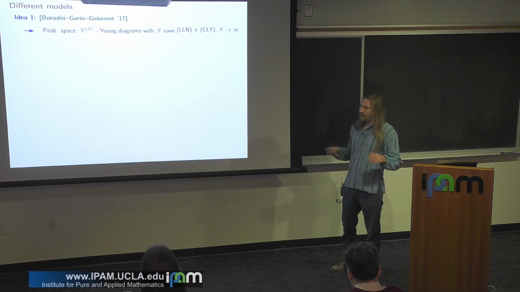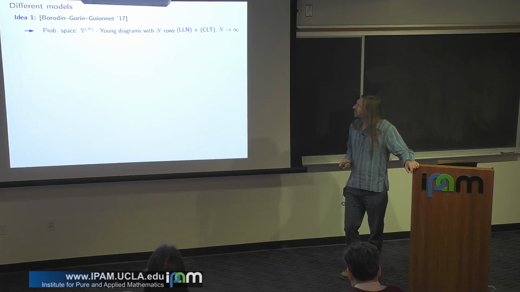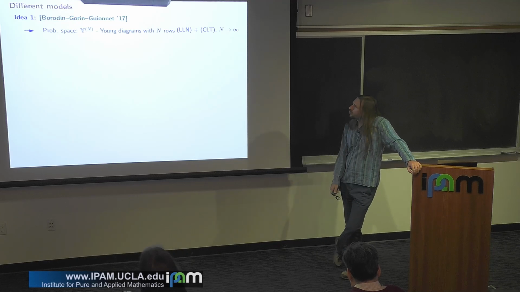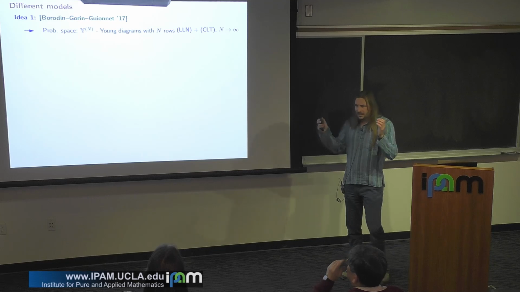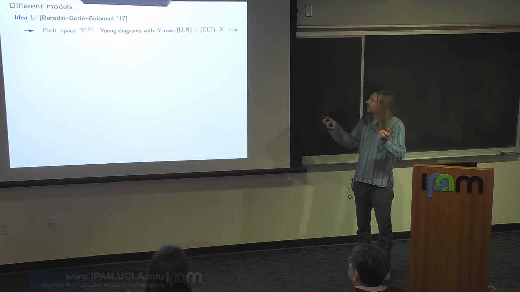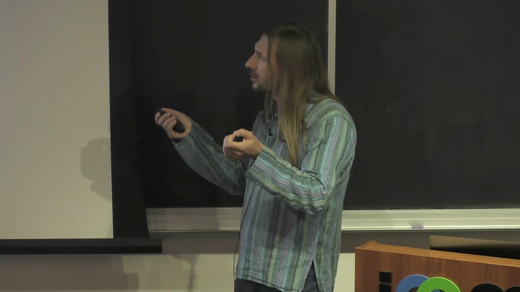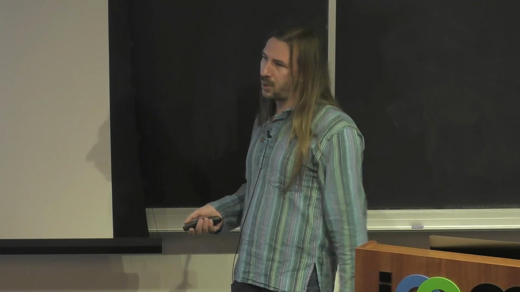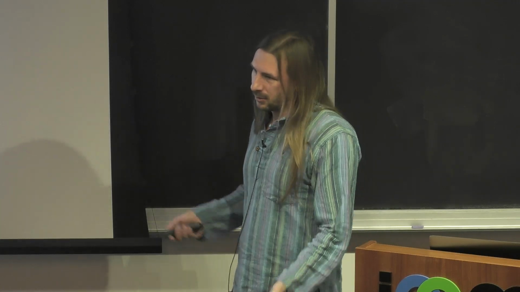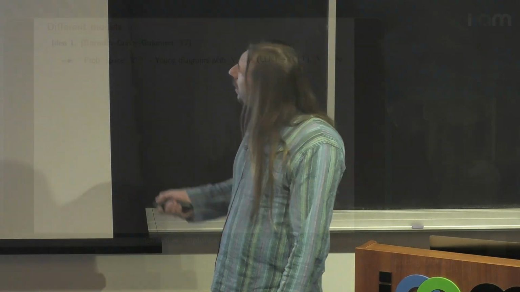They are also coming from different worlds. So the first idea, due to Borodin, Gorin, and Guionnet, is that, I'm simplifying things here, you just take the definition of beta ensembles and force your particles to live on the lattice. So that's one thing you can try to do.